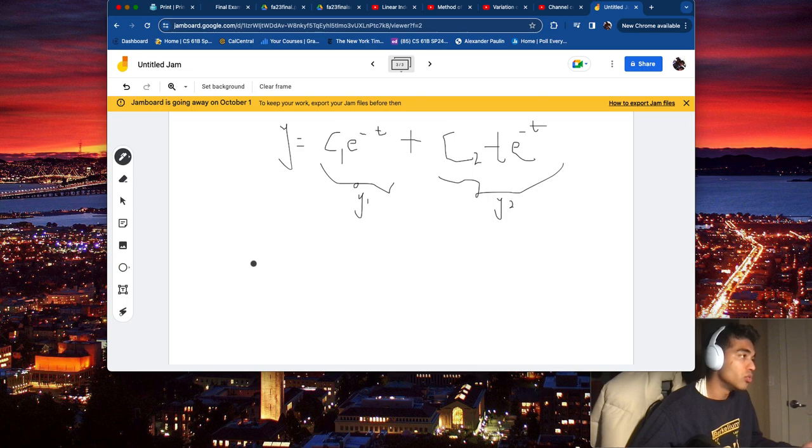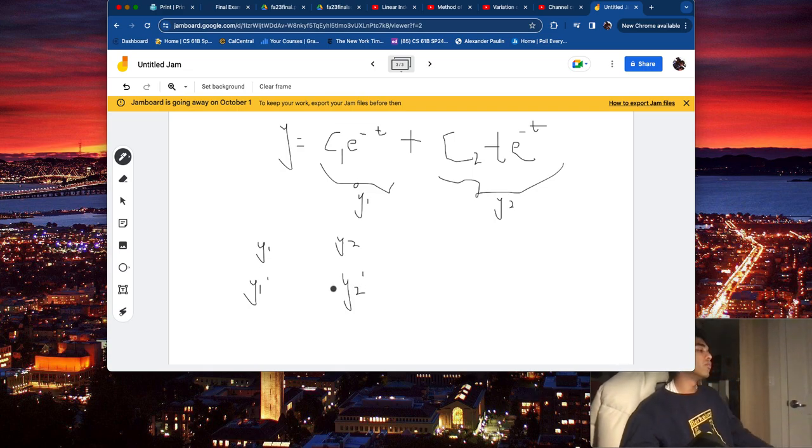what I would do is write y1 and then find the differentiation of that, then y2, then find its differentiation.